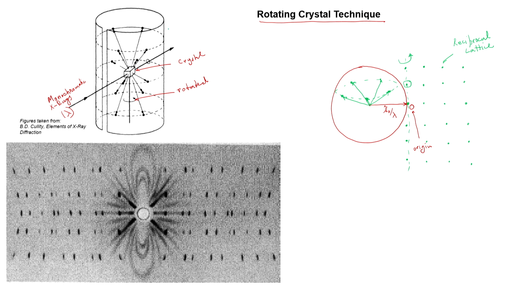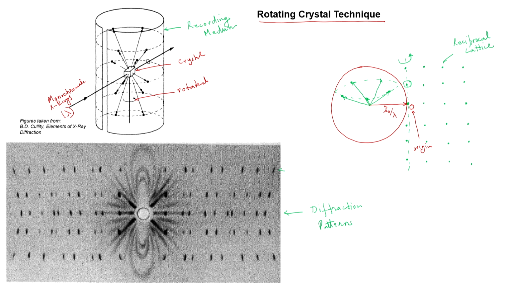This is my recording media. And this is the diffraction pattern obtained. Again we get spots, and each spot is mapping out a reciprocal lattice point.